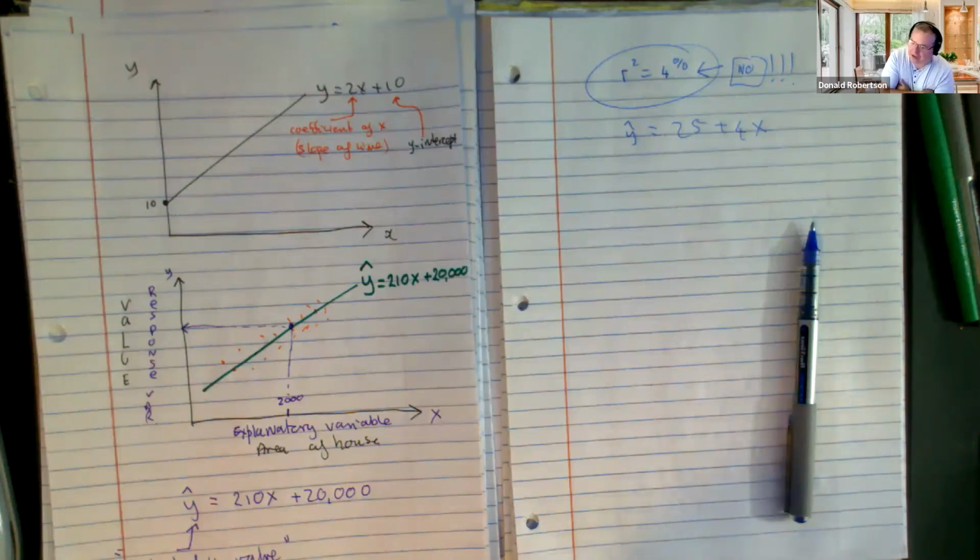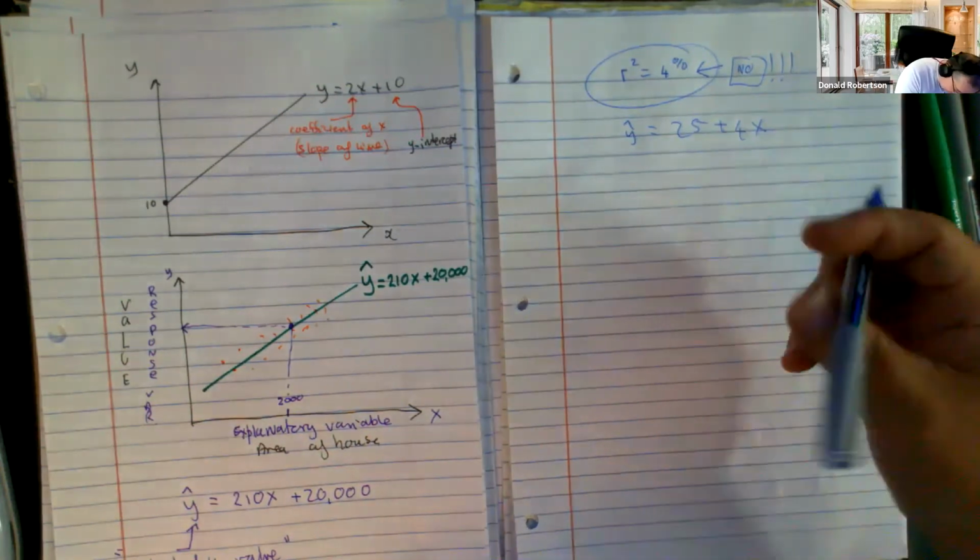You should immediately say, useless. Whatever you tell me is going to happen, I'd probably be better predicting the opposite. I'm just as likely to be right as you are. In fact, couldn't I just pick a number from 1 to 20 and I'd probably just be as accurate? So, small R squared values are bad.